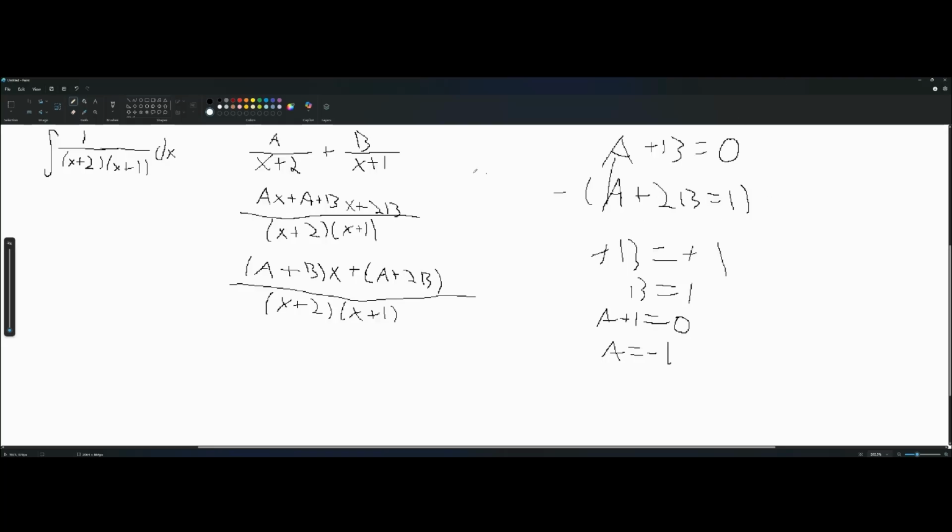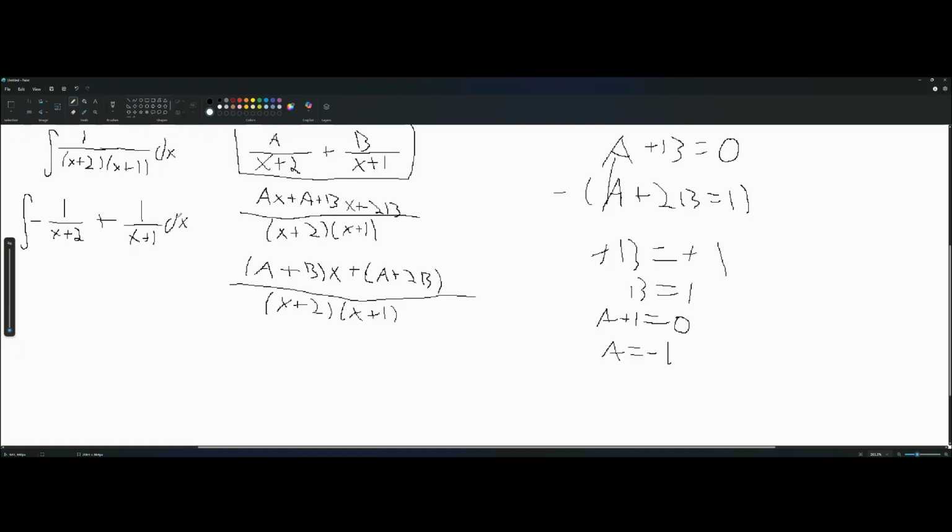Right? That makes sense. And now going back to this. Remember when we said we split our integral into two separate portions like this? Now we can just integrate this, and we know values of a and b which we can substitute into this and integrate. So now we can say that this is the integral of -1 over x plus 2 plus 1 over x plus 1 dx.